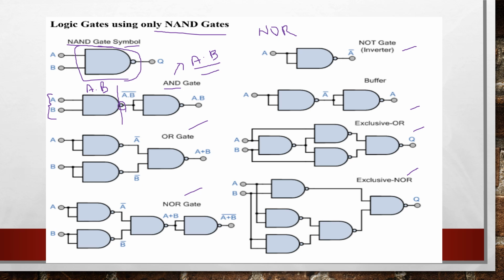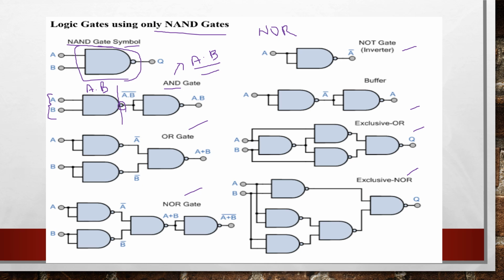When the inputs are tied like this, the two inputs are equal. So A dot B bar is passed to this. When this operation is carried out, the negation gets cancelled. That is, the input passes through and the negation is carried out, giving A dot B bar the whole bar.